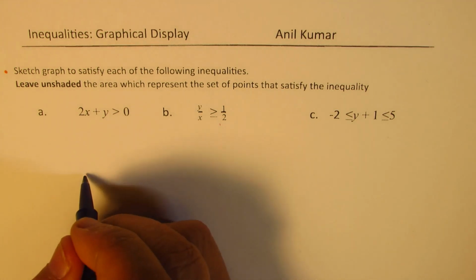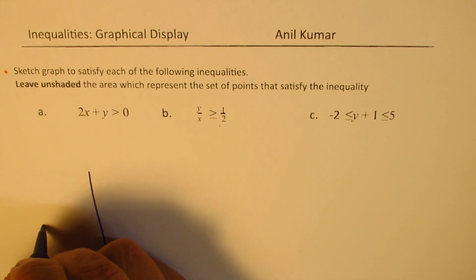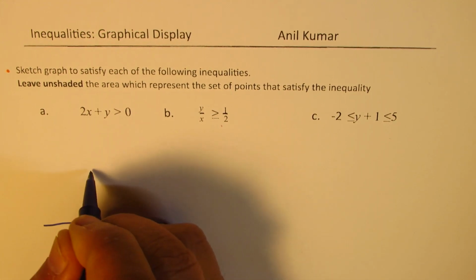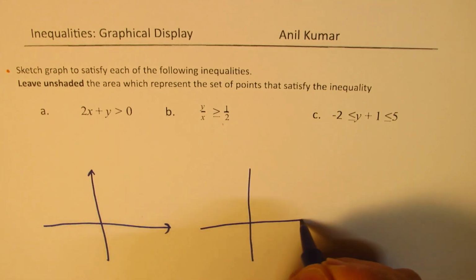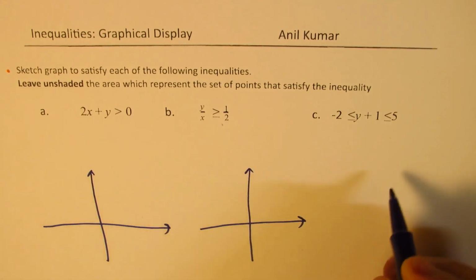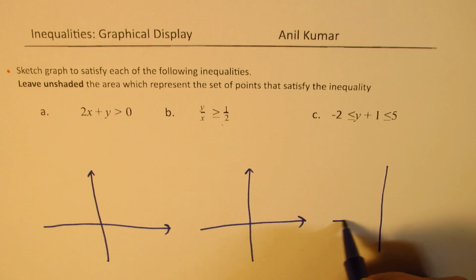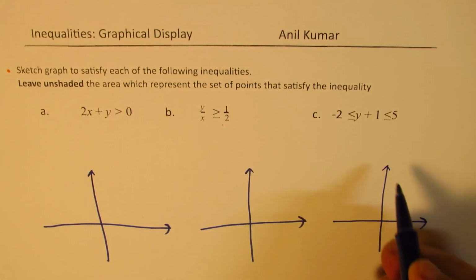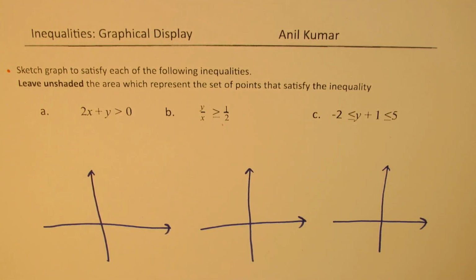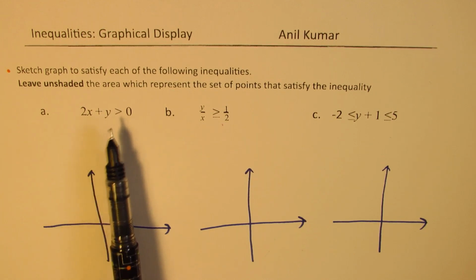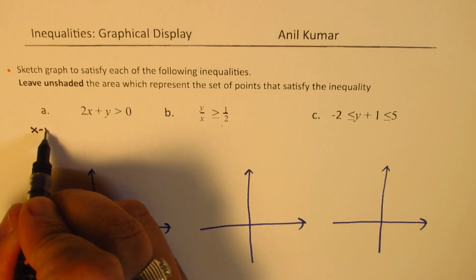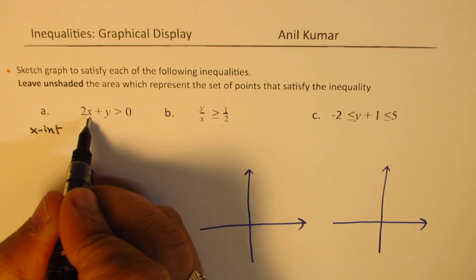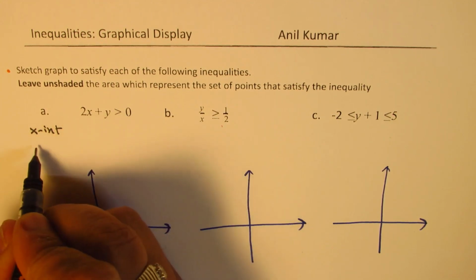As usual, what I will do here is make my coordinate plane. This time I'll make all the 3 coordinate planes first. Now we have the equation 2x plus y greater than 0. Let's find the x-intercept, right? So x-intercept is, when I substitute 0 for y, I get 0.